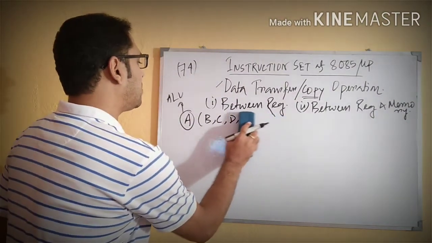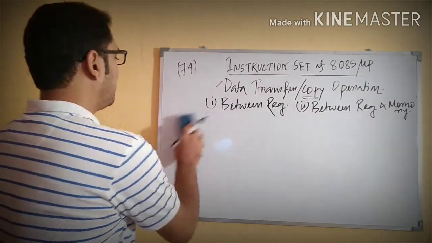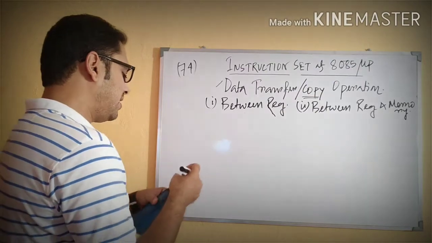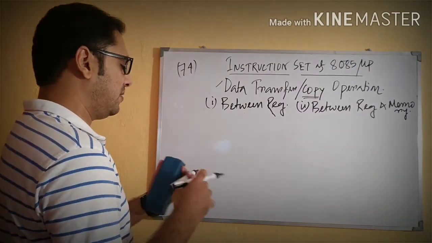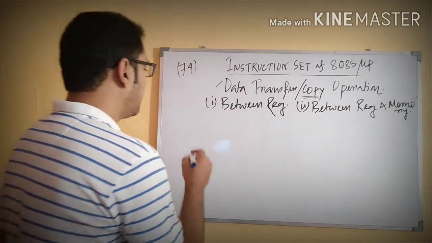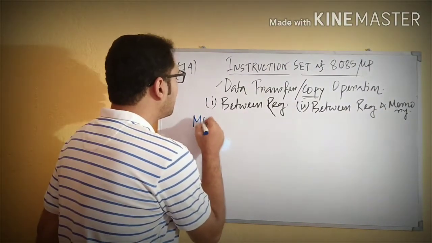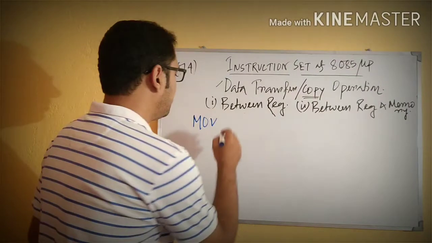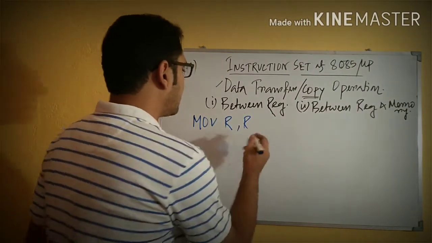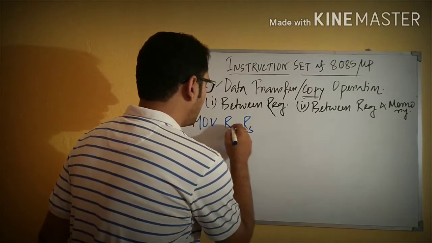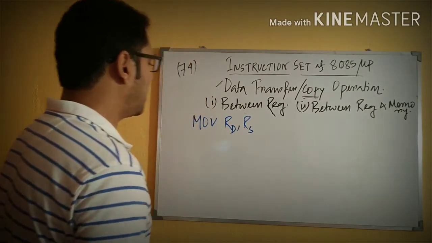So how to perform that? Take an example. The easiest instruction, probably, in case of 8085, is MOV. The syntax is MOV R, R. Remember, the second R is source, the first R is destination.